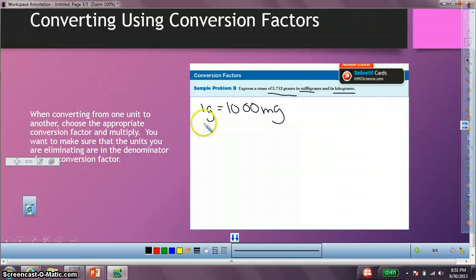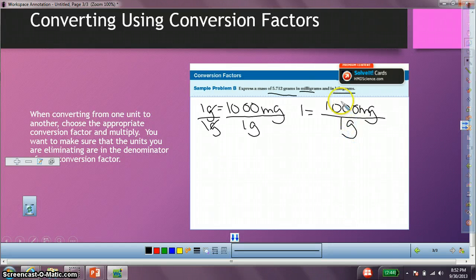Since we're eliminating grams, we are going to divide both sides by 1 gram. Units cancel, and we're left with 1 equals 1,000 milligrams over 1 gram. This is the conversion factor that we're going to use.